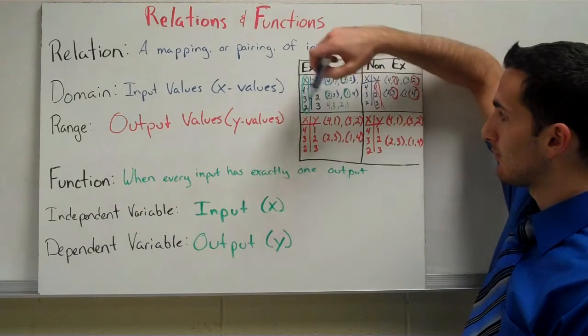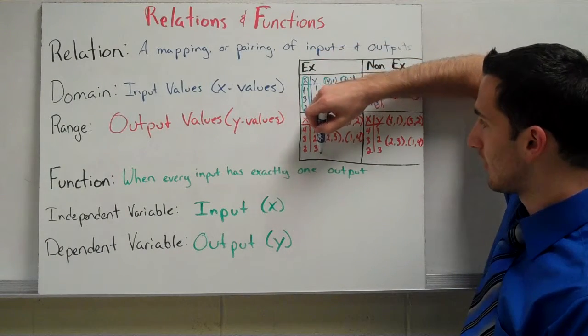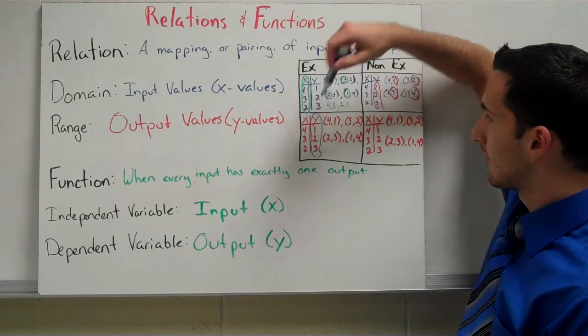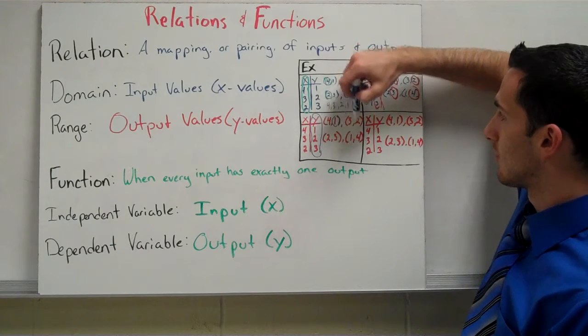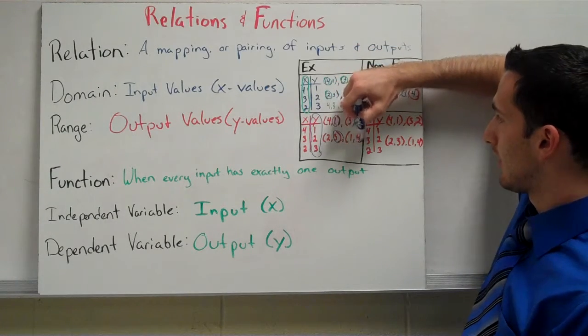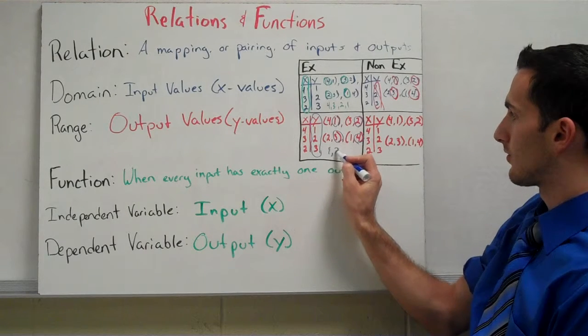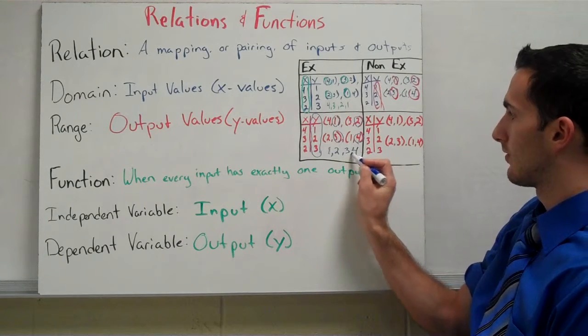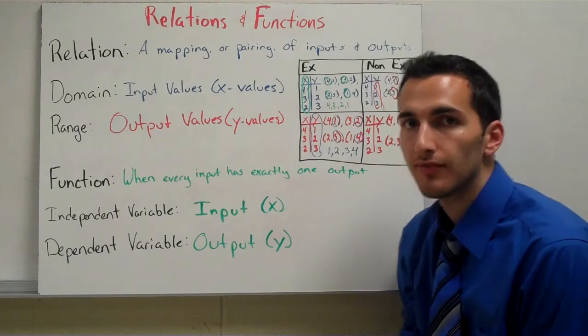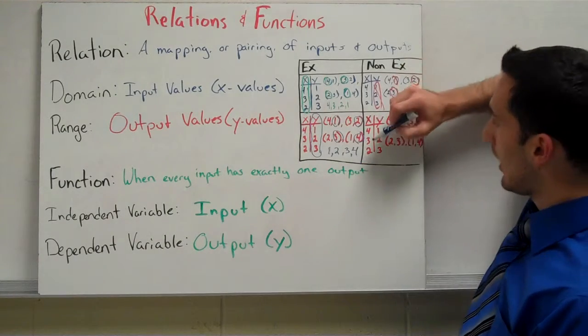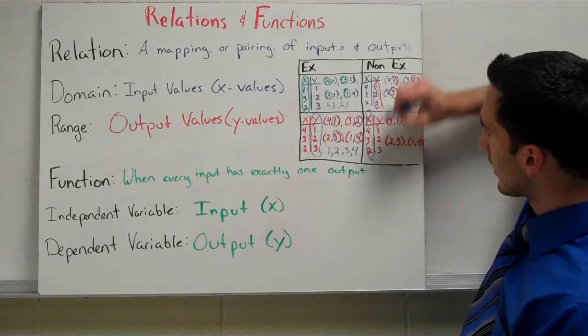Looking at our example, if it's not going to be our x values, it's got to be our y values, and that's going to be this one, this one, this one, and this one. Our y values, that's 1, 1, 2, 3, 4. Our y values are our range, so that will not be our x values.